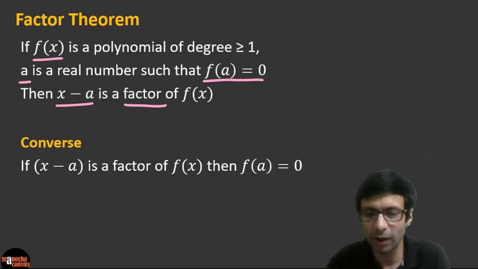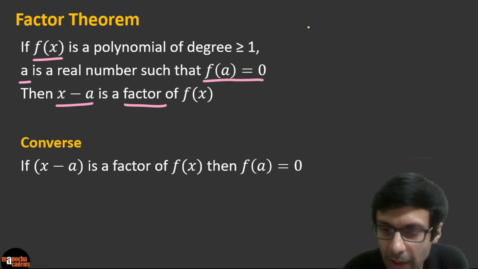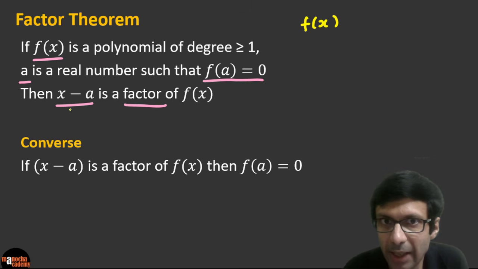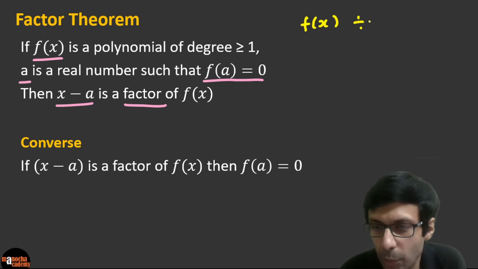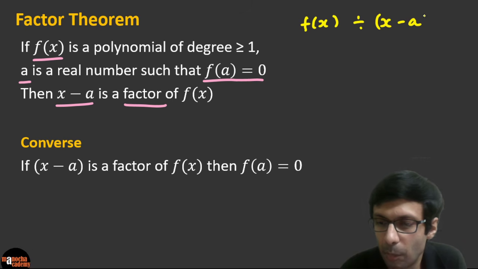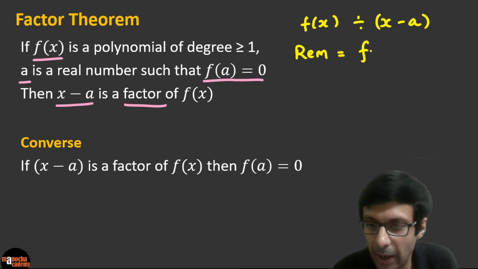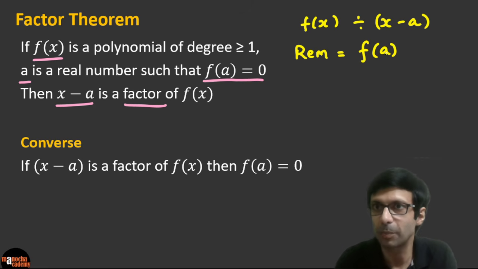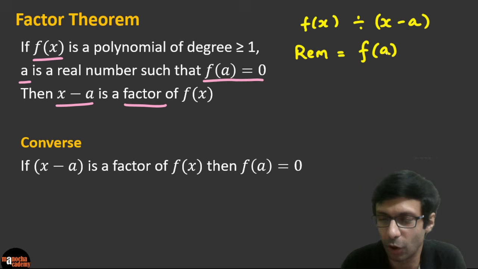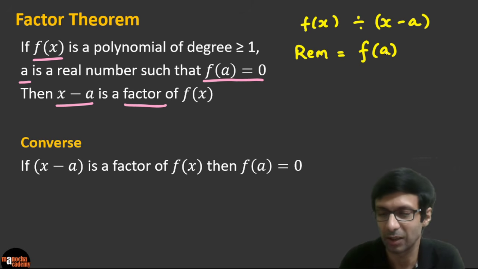Okay, and is this easy to see? Absolutely, guys. Take a look here. We know that when you take a polynomial f(x) and divide it by x minus a, by the remainder theorem we know that the remainder is going to be f of a, right? We need to substitute a in the polynomial. That's what the remainder theorem taught us.